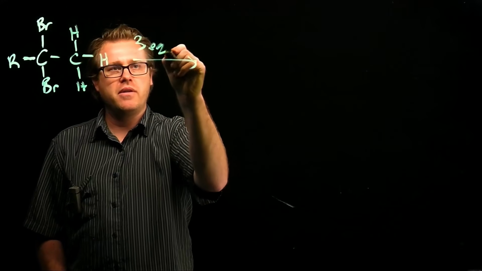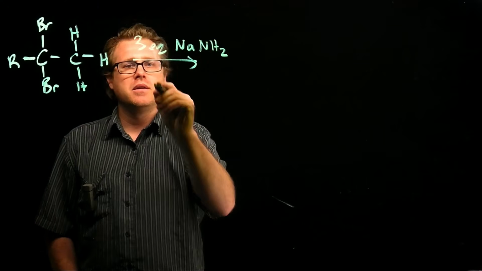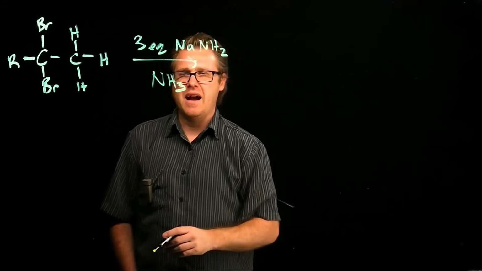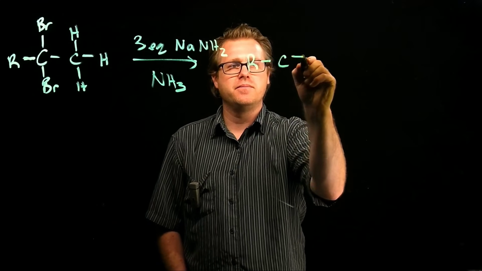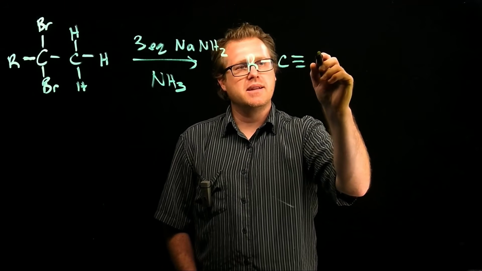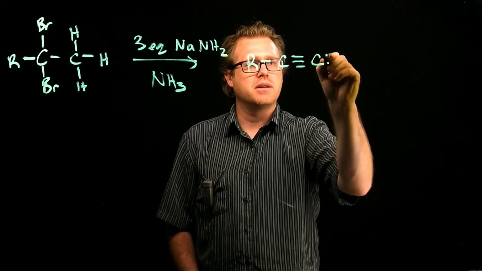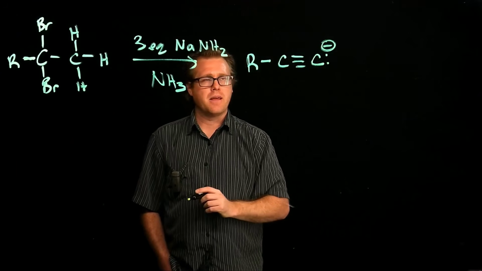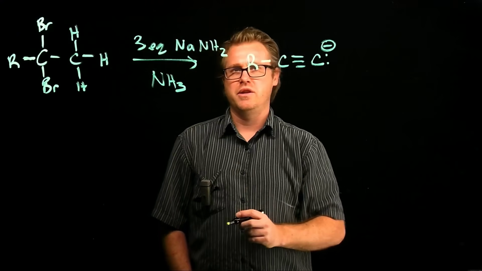We would do 3 equivalents of our sodium amide in ammonia. Okay. And what is that going to actually give us? It's going to give us this species right here. The acetylene, no. What is this? It would be this guy right there. There's our alkynide ion. That's what this reaction is going to do.